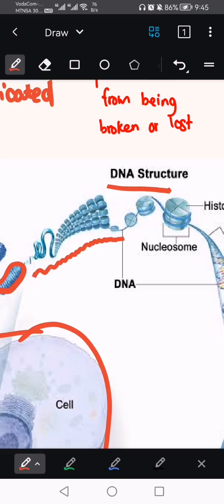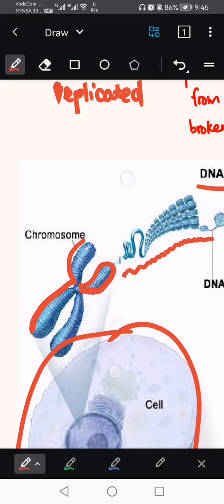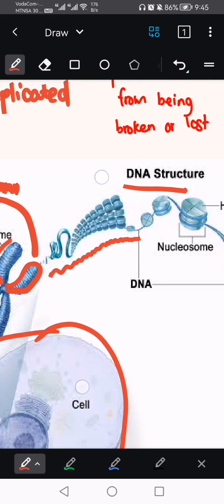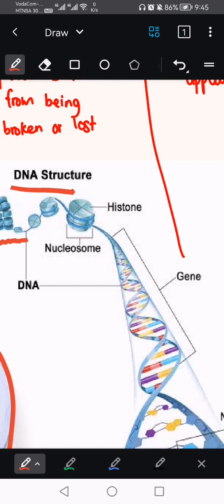So it will unwind. Remember here, the DNA is severely condensed, right? The DNA is piled on top of each other like that. Now it is going to unwind significantly. And with that unwinding, here we see the histone. Now we can notice here that the DNA is wrapped around that histone.